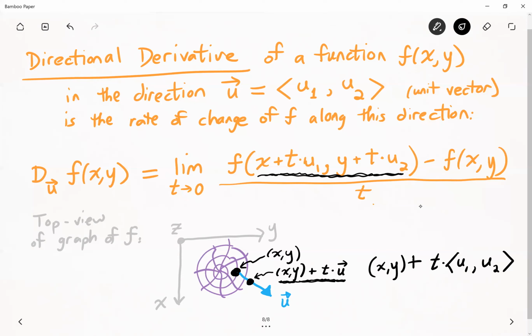Again, whenever possible, I like to reason by analogy to what we've done in Calculus 1. Think of 2 points moving closer and closer to each other. And the closer and closer is expressed by this quantity, getting closer and closer to 0. As t goes closer to 0, the height, this f component, moves closer and closer to this height.